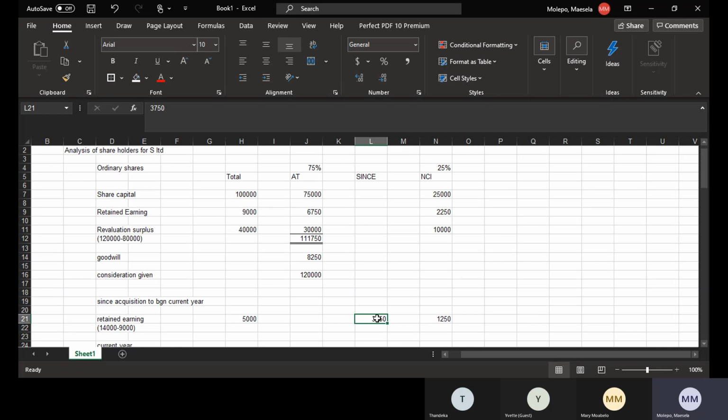So the non-controlling interest will be anything that is non-controlling. The 68,500 comes as a result of adding, let's see, the 28 plus 250.